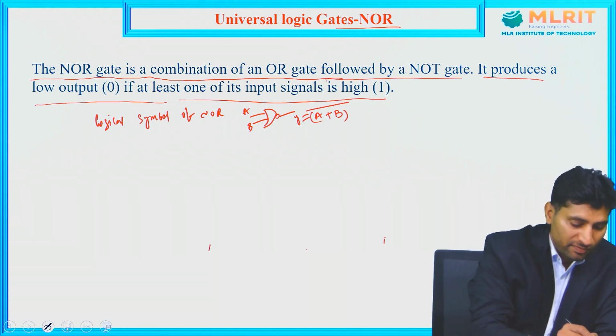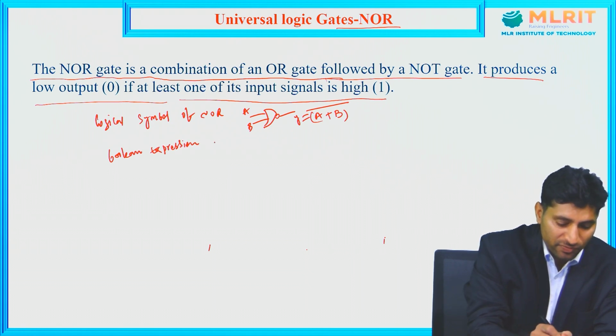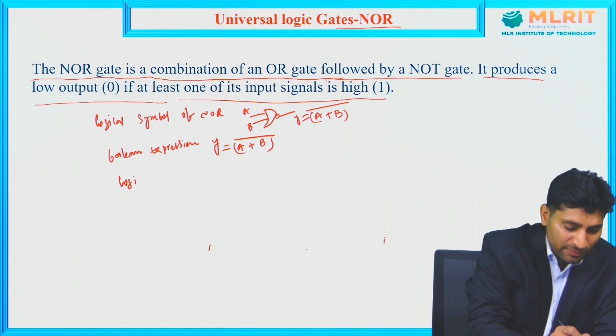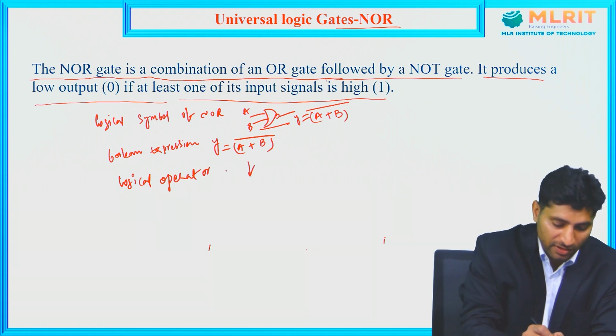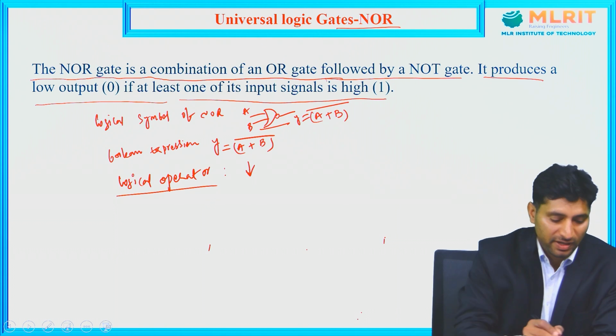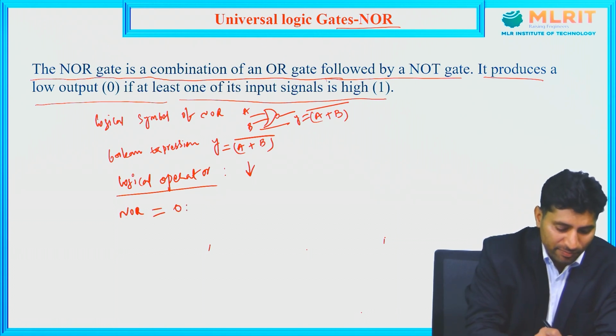So the Boolean expression for the NOR logic gate is (A plus B) whole bar. Next, we have observed the logical symbol, then the logical operator is this one. This is the logical operator of the NOR logic gate. Just now I said a NOR logic gate can be obtained by an OR logic gate followed by a NOT logic gate.